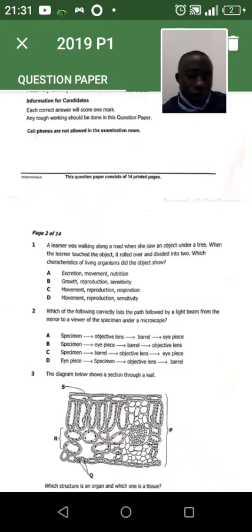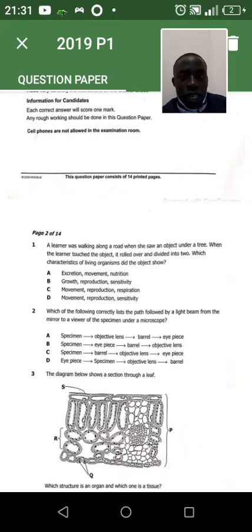So now the answers there, you have A, excretion, movement, nutrition; B, growth, reproduction, sensitivity; C, movement, reproduction, respiration; D, movement, reproduction, sensitivity. So the correct answer there, because this one was showing that Elena was walking along a road when she saw an object under a tree.